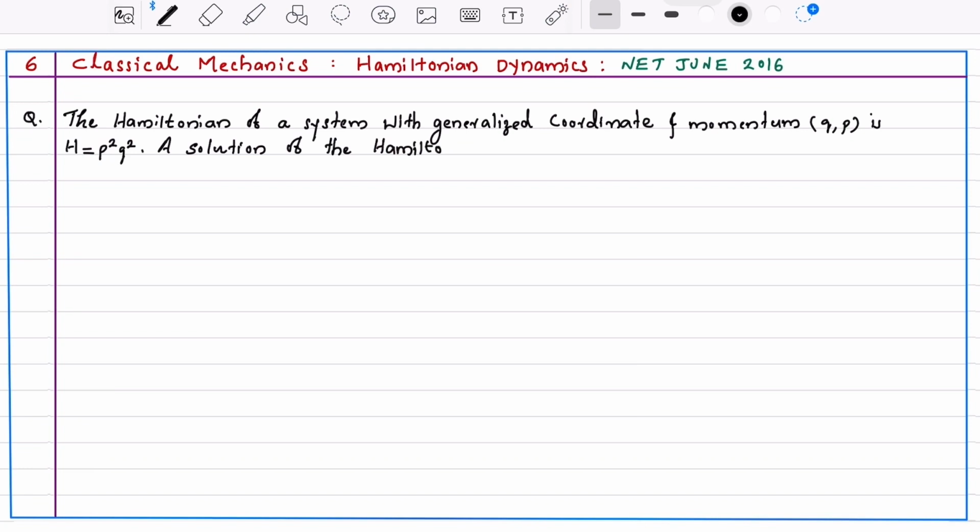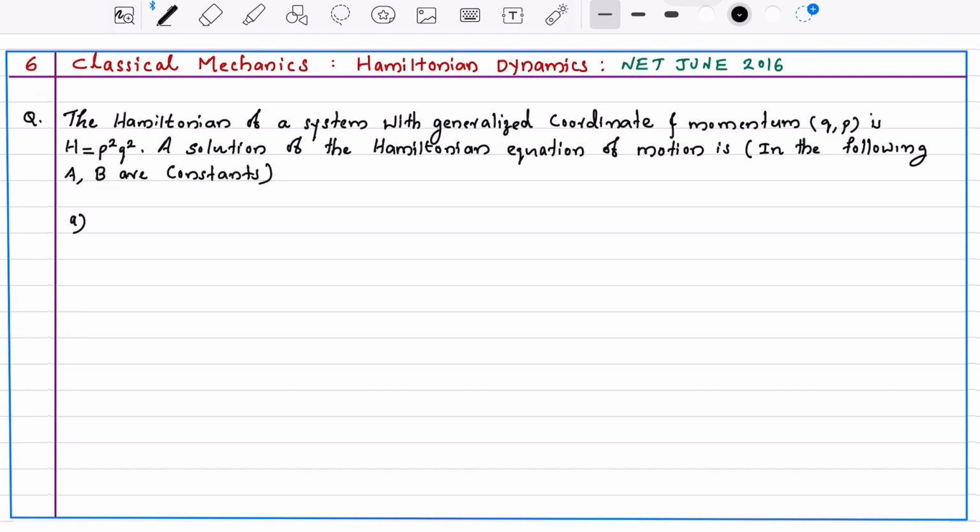A solution of the Hamiltonian equation of motion is in the following, where a, b are constants.